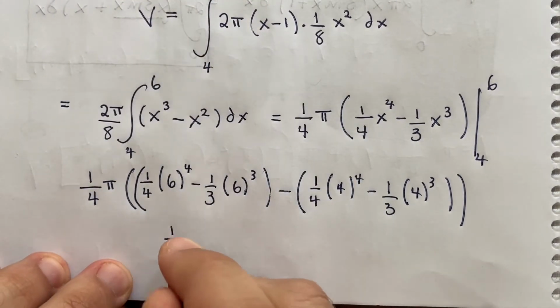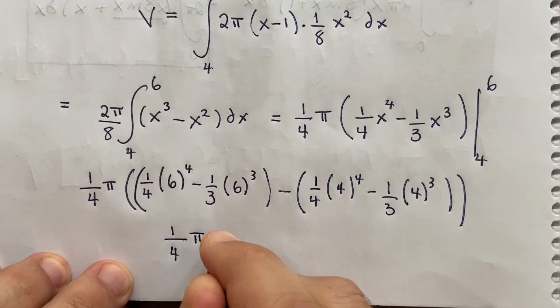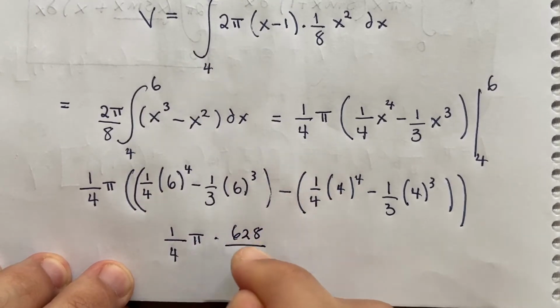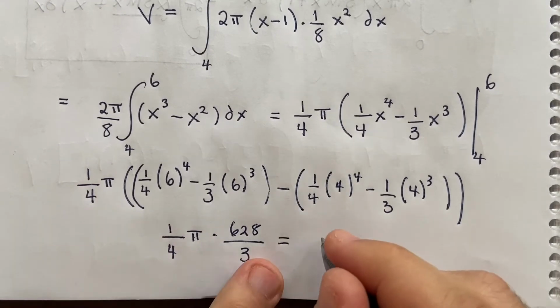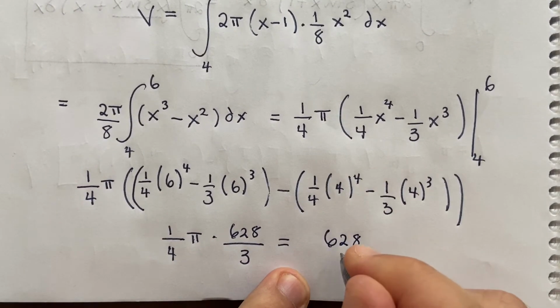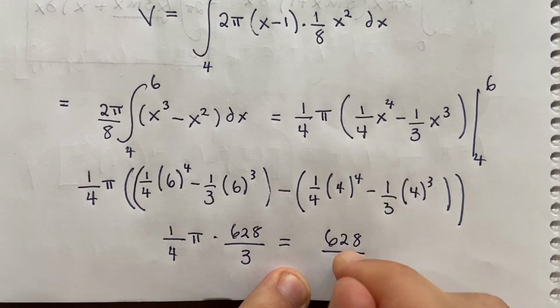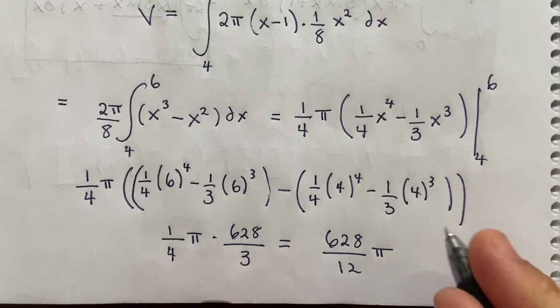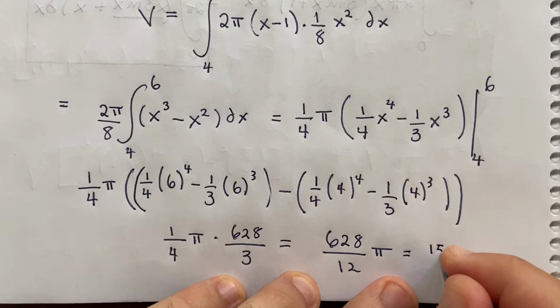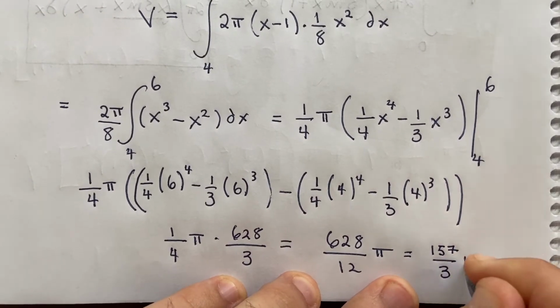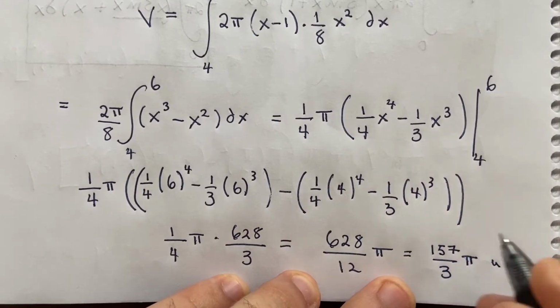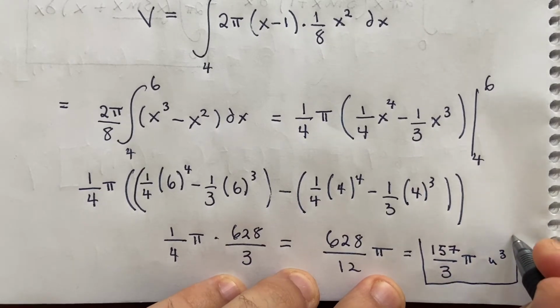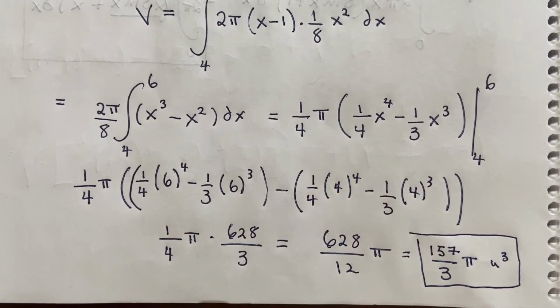So I would have 1/4 pi times 628 over 3, in other words 628 over 12 pi. So 628 over 12 simplifies to 157 over 3. And this would be a number of cubic units.